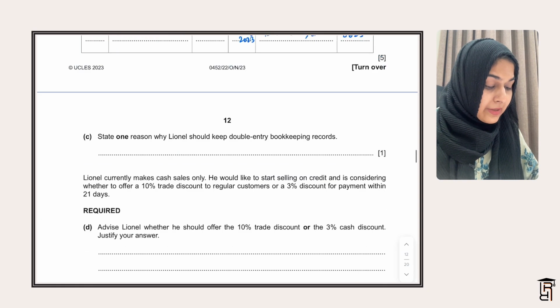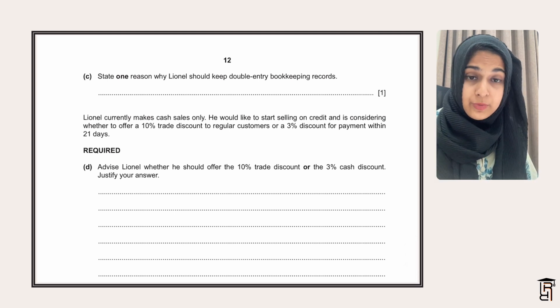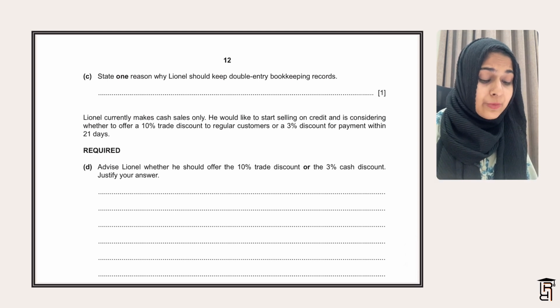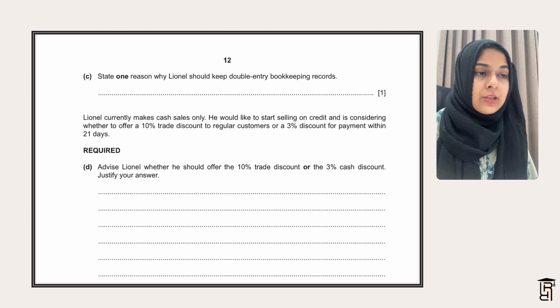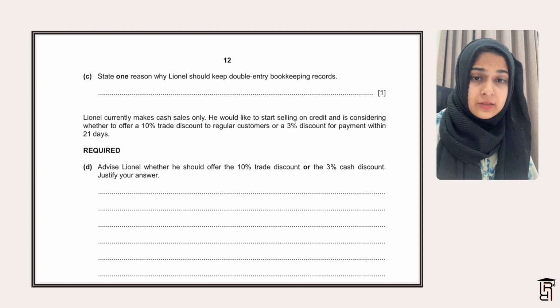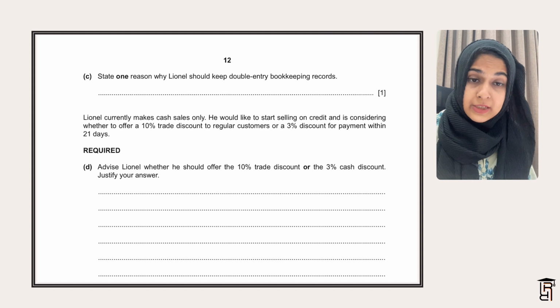In the next part, they're saying state one reason why Lionel should keep double entry bookkeeping records. So double entry bookkeeping records everything in detail. When you record every transaction in double entries, you have complete information.